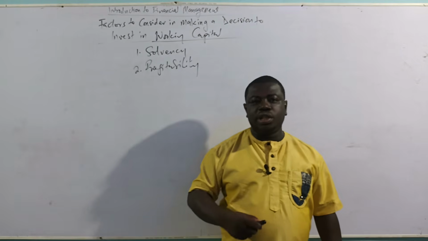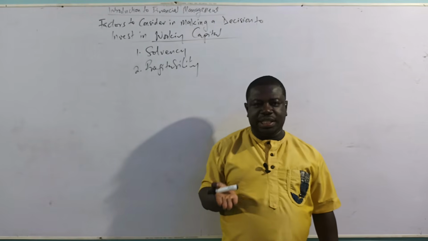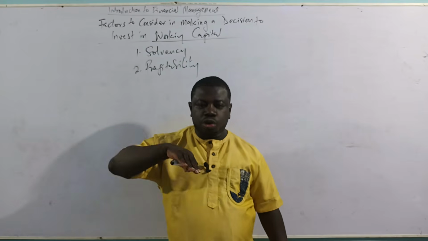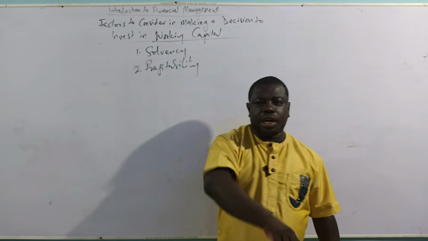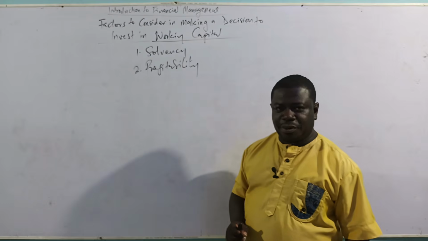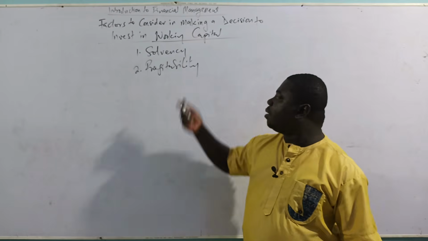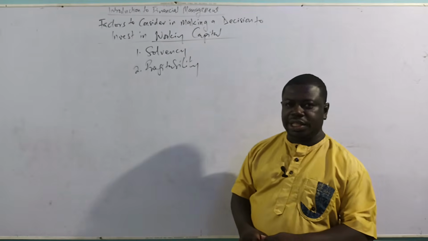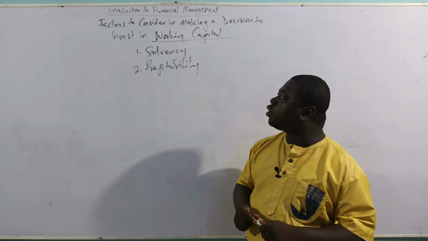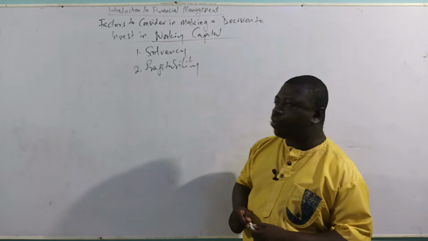When we want a particular level of profitability in the short term, it tells us how much money we should put in working capital to achieve it. Otherwise, we risk becoming insolvent.